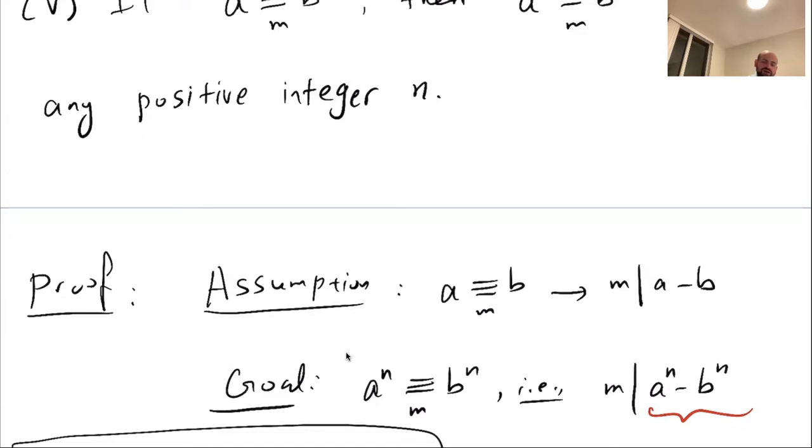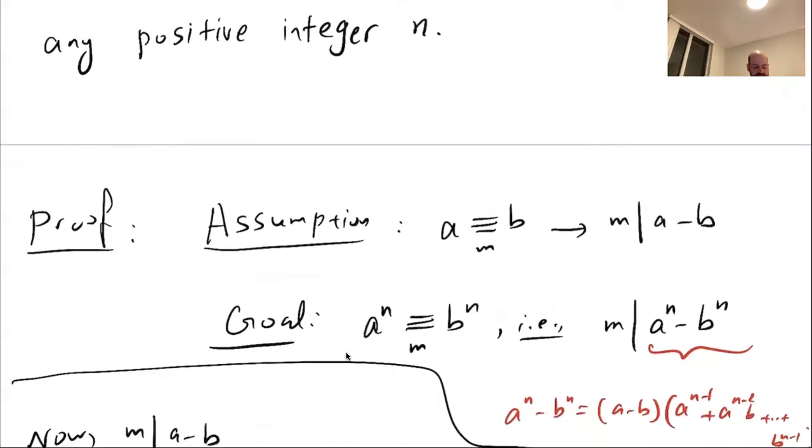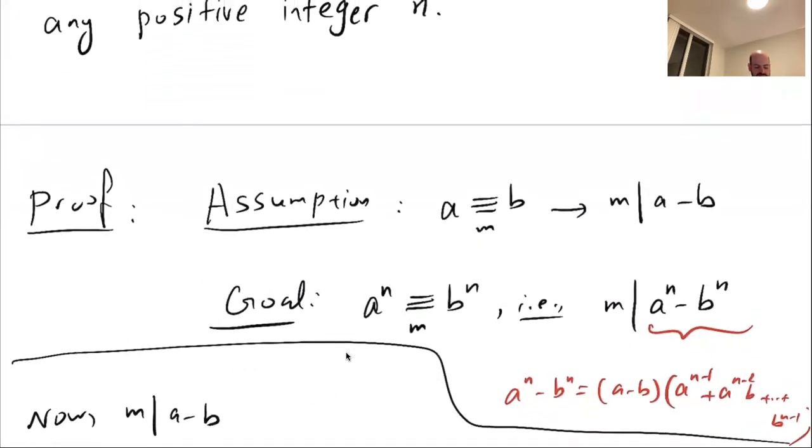Well, if you know about the identity for A to power n minus B to power n, you can also know about the factor that we need to multiply with A minus B to get A to power n minus B to power n. What is the identity? The identity is A minus B times A to power n minus 1 plus A to power n minus 2 times B plus dot, dot, dot, all the way to B to power n minus 1.